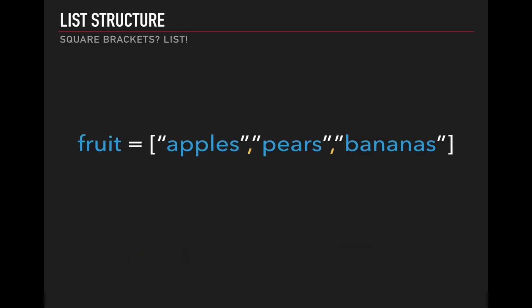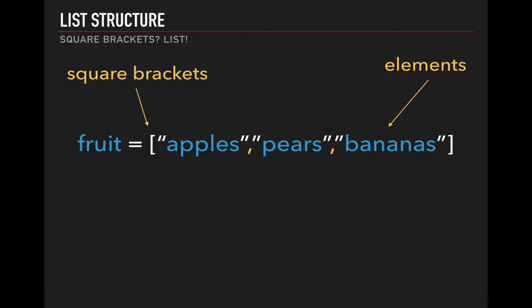We talked during last lecture about lists and list structure. The elements of a list are inside the square brackets, so this is how you make a list. An empty list would be just fruit equals and the square brackets. Then we have the elements of the list that are separated by commas.